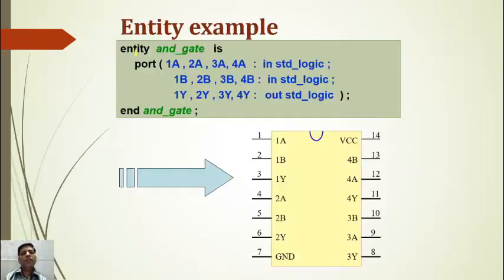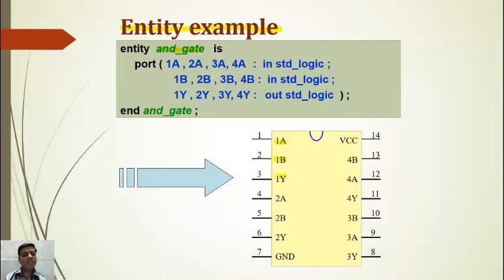Then one more example for entity, how to write down the entity. Here we are going to consider the AND gate IC. It is a 14-pin IC, with 2 pins for VCC and ground, and the remaining 12 pins are required for a quad AND gate. Quad AND gate means there are 4 AND gates inside the particular IC. Each needs 2 input pins: 1A and 1B are the inputs and 1Y is the output.